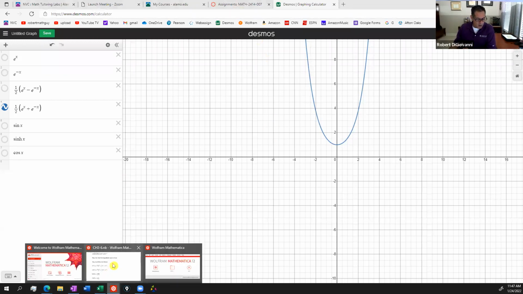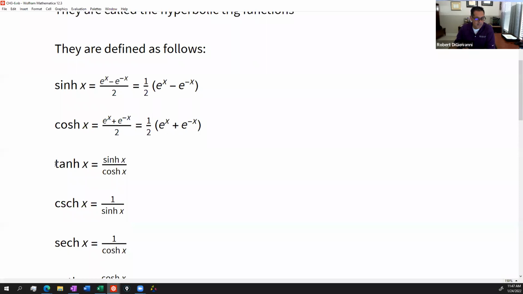All right, now what about tangent hyperbolic? Well, tangent hyperbolic is what you would think it would be. It's just the ratio of the hyperbolic sine over the hyperbolic cosine. So you're still taking, like in pre-cal, tangent is sine over cosine. Well, same thing with hyperbolic tangent. Hyperbolic tangent is just hyperbolic sine divided by hyperbolic cosine. Let's take a look at that one.